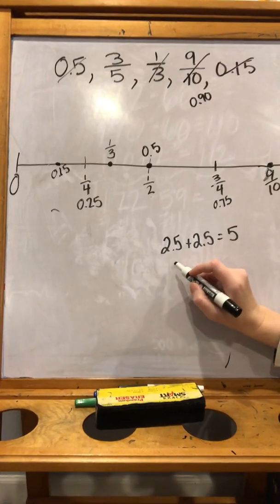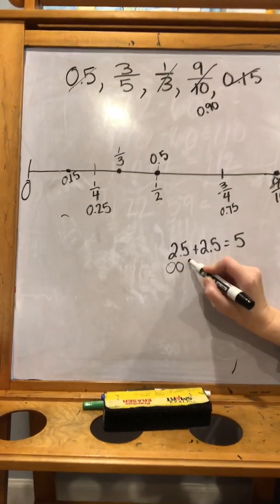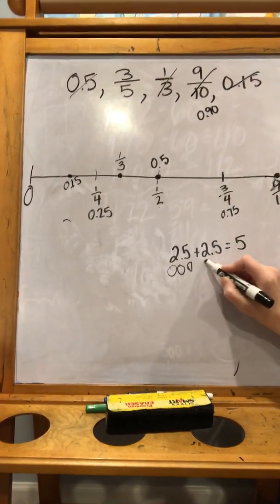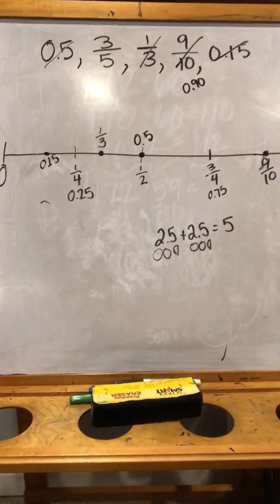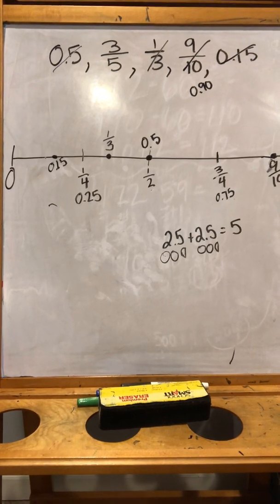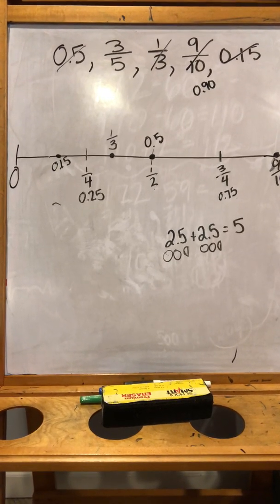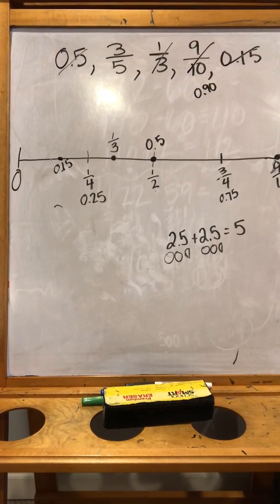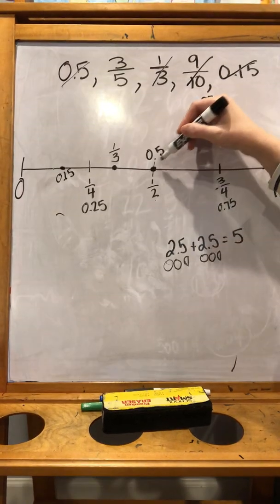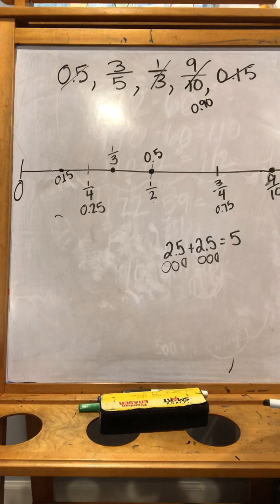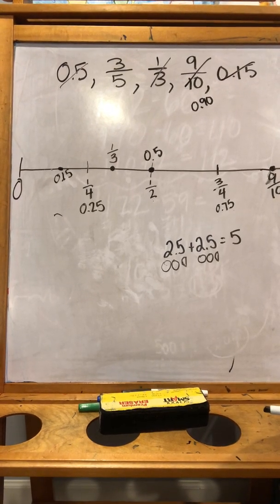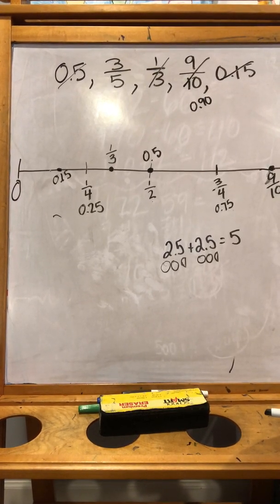So 2.5, it has to be a little more than 2.5. So you're going to look at greater than a half. It's greater than a half, or 0.5. And I know that that's a dividing line.